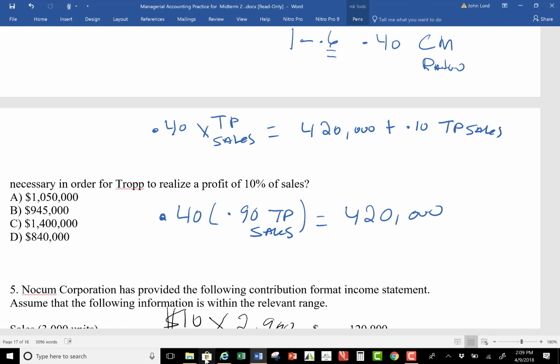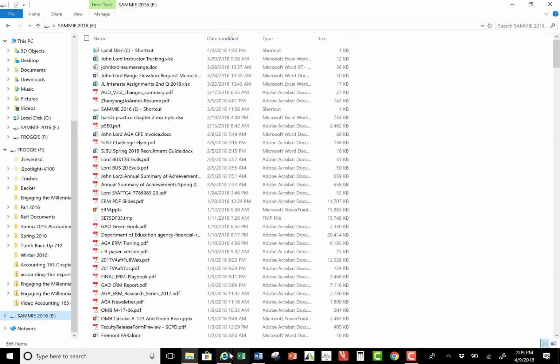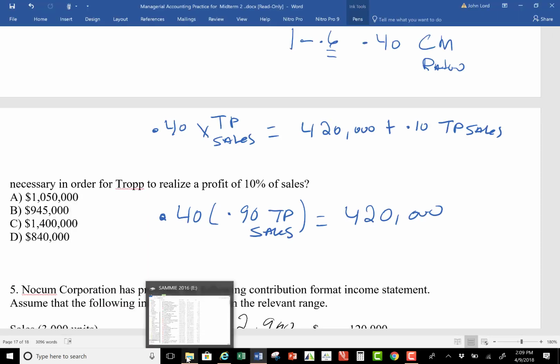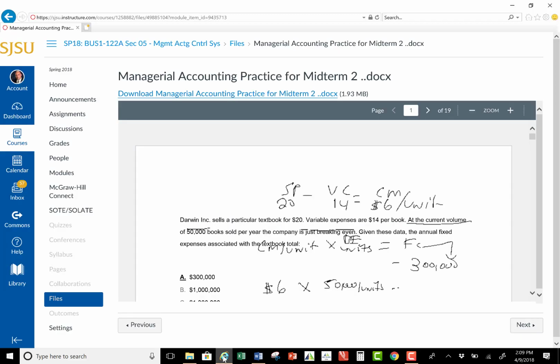Let me do this. I can never remember how I did this. I always have to mess with it for a minute. So, let me look at this because I think I put the same question on another one.